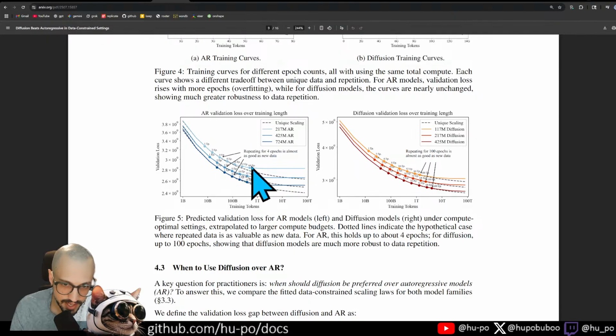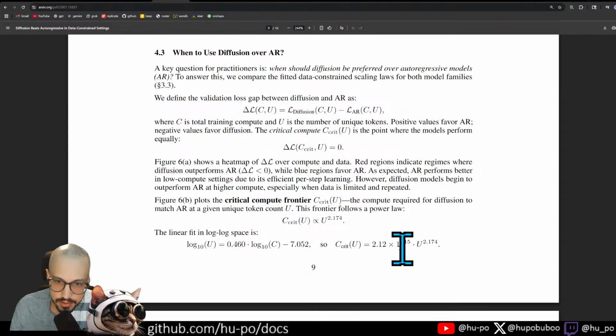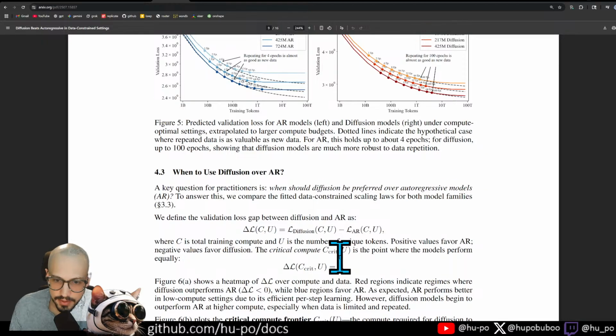If you start doing 80 epochs, 100 epochs, 1,000 epochs, it would start to curve upwards and the model would actually get stupider. Versus with these diffusion models, you don't get as much of that because you have this implicit dataset augmentation.